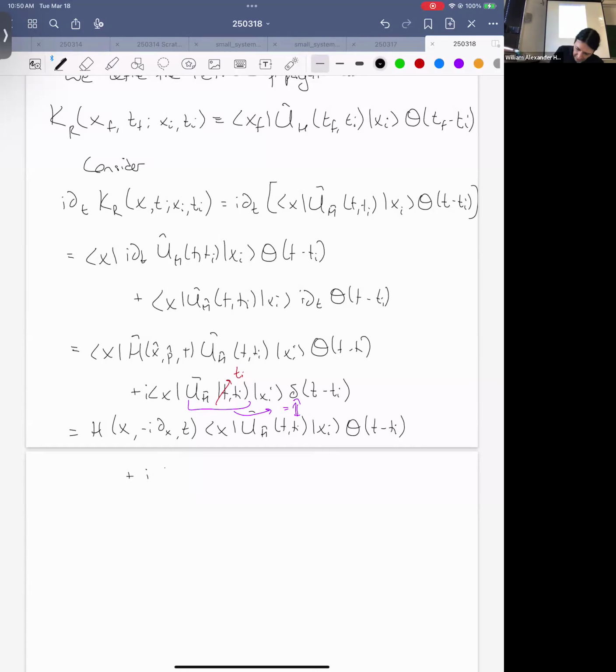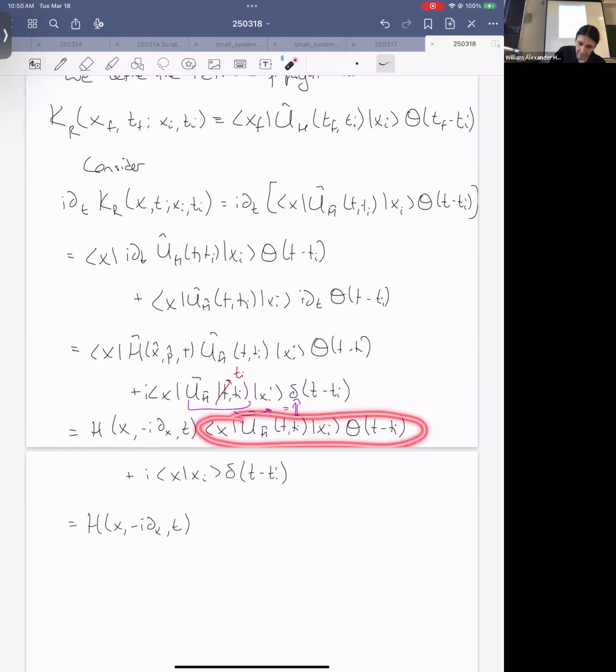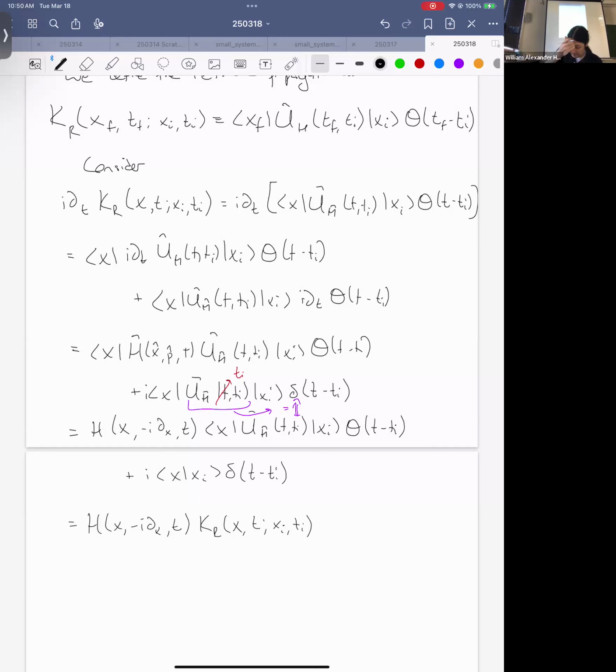And then I get plus i times the inner product of x with x initial, Dirac delta t minus t initial. And so I have the Hamiltonian of x, minus i partial x, and t. This term here is just my retarded propagator again, x, t, x initial, t initial. And then what's the inner product of x with x initial as a bra and ket?